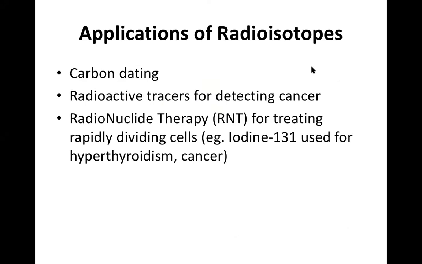Applications of radioisotopes: because they release energy as they decay, we can detect that decaying. So we can use it for carbon dating, which means we can tell the age of, for example, a fossil. If you find a bone in the ground, you could date that bone by saying, is it 1 billion years old, or is it 10,000 years old?